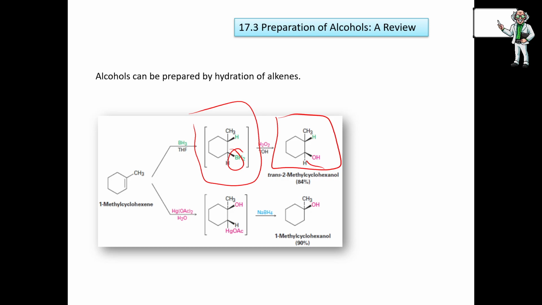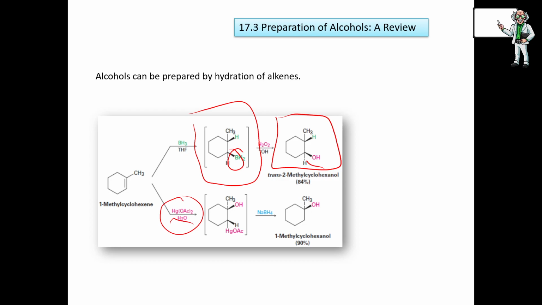However, if we do the solvomercuration, we are using mercuric acetate. Okay, remember we first form the three-membered ring with the mercury, and then the solvent of the reaction, in this case water, is opening this three-membered ring, and the OH is attacking the most substituted carbon. Why? Because it's the carbon that stabilizes the positive charge better.